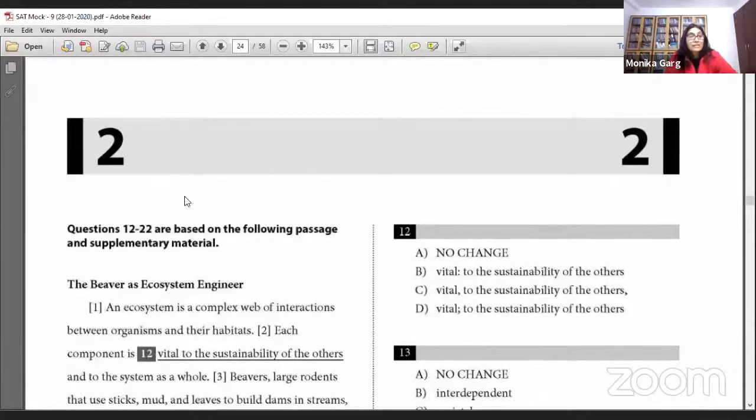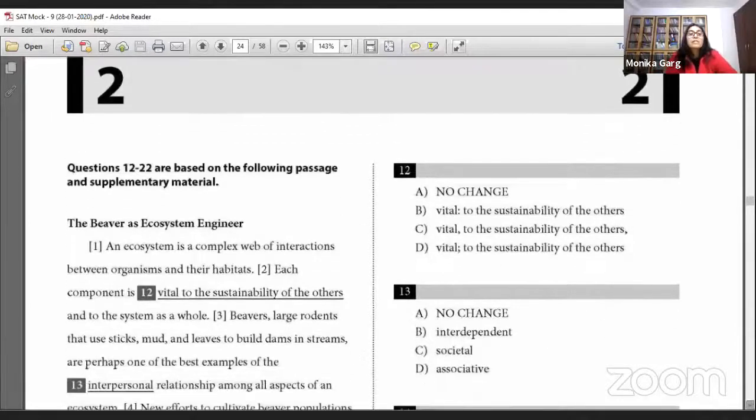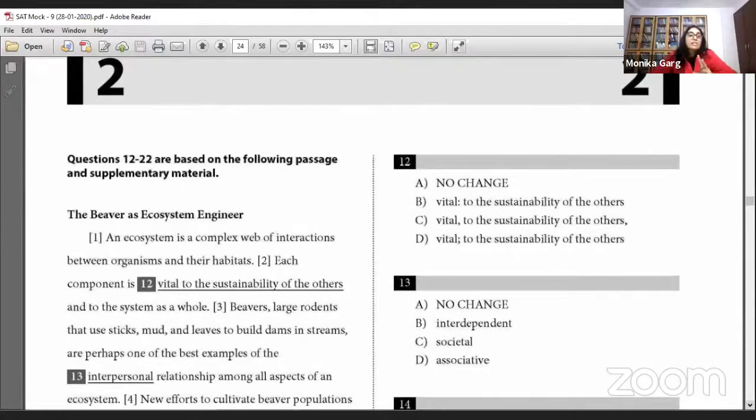Let's read the sentence. Each component is vital to the sustainability of others and to the system as a whole. So how many points are we discussing here? 2. One is sustainability of the others, and second is to the system as a whole.